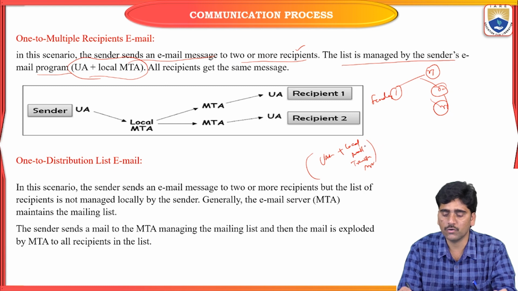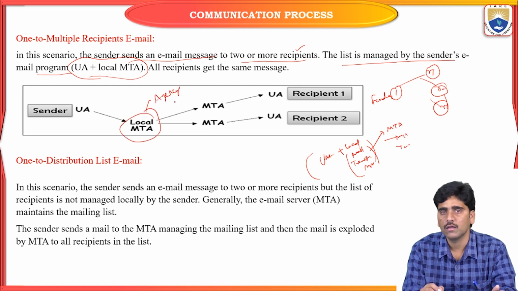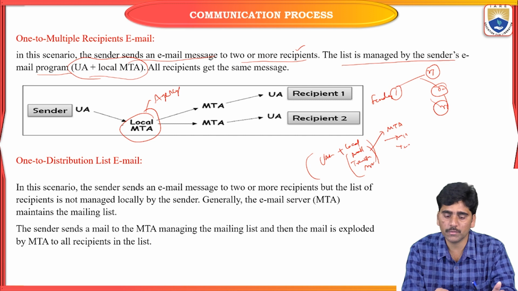With this, the local mail transfer agent maintains a number of mail transfer agents. So this is one agency, or a group or a block, we can call it, because the mail which is coming from the sender has to be distributed over all recipients, so that this group is distributing each and every mail to each and every recipient's mail transfer agent.